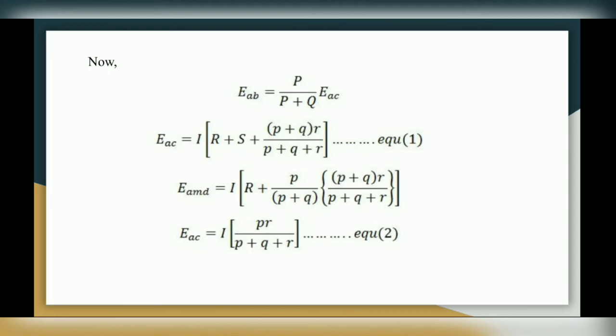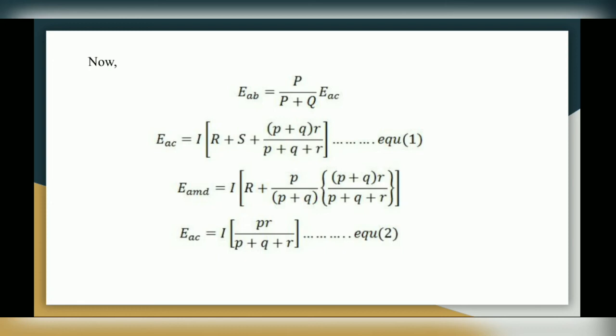Now, EAB is equal to P upon P plus Q into EAC. So, EAC is equal to I in bracket R plus S plus P plus Q into R upon P plus Q plus R. This is equation number 1.